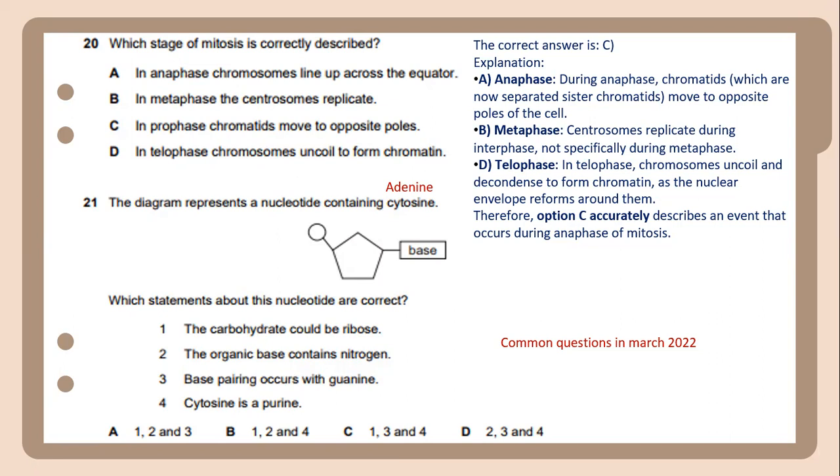So this year, for October 2020, the question is asking about cytosine. Which statements about these nucleotides are correct? The carbohydrate could be ribose. The organic base contains nitrogen, and base pairing occurs with guanine. And cytosine is a purine. The answer will be 1, 2, and 3.